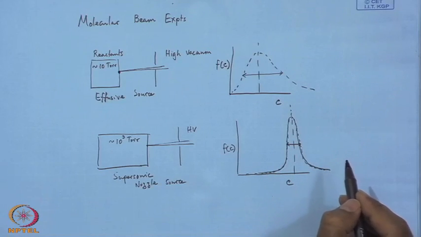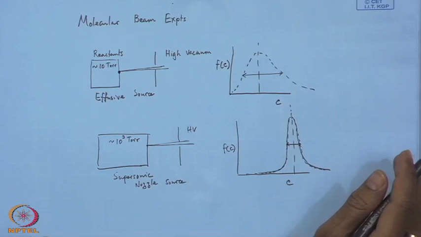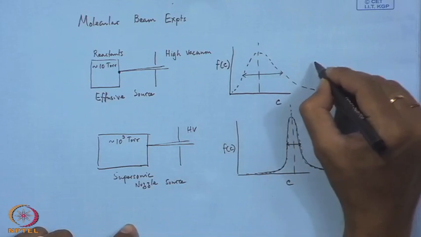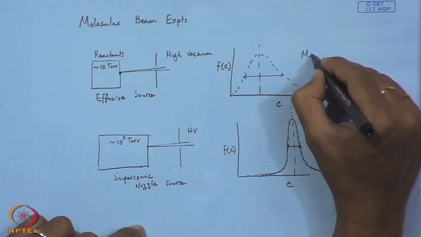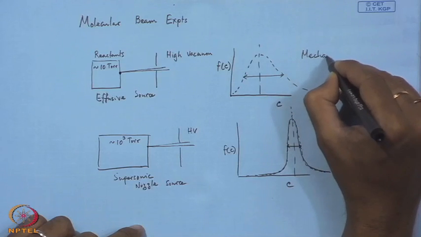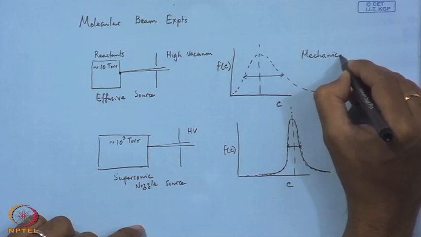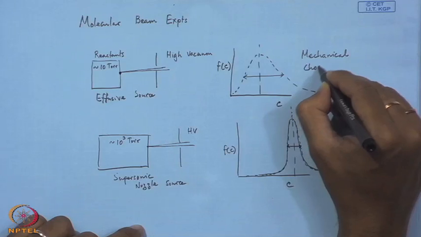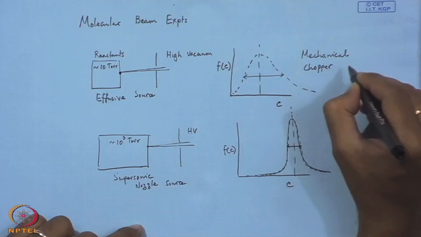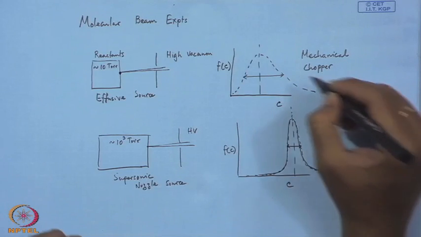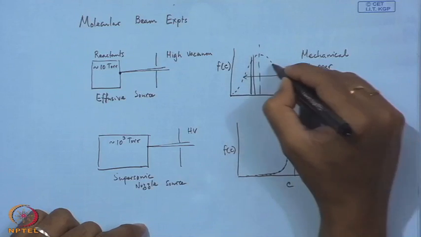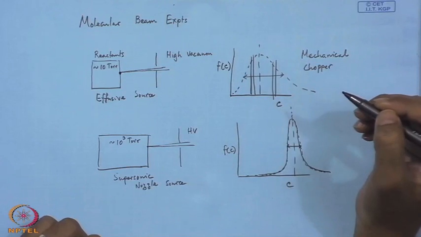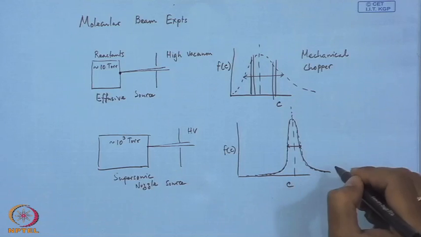Okay. So, velocities can be selected, here in this case you use a mechanical chopper. Mechanical chopper can be used to select different velocities. I mean, like you can select maybe this portion, maybe this portion with the help of a mechanical chopper. But what will happen for this?